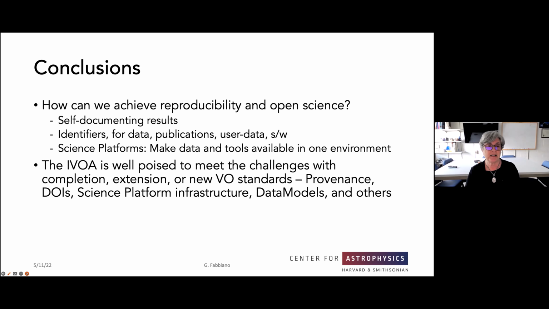And then use of science platforms, so to make data and tools available in one environment, and uptake perhaps of Docker containers. And the IVOA, I think, is well poised to meet the challenges with the completion, extension, or new virtual observatory standards, particularly provenance, DOI, science platform workflows, and data models, and maybe other areas. And thank you.